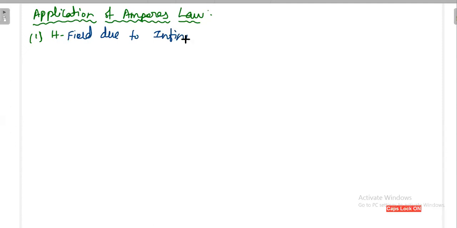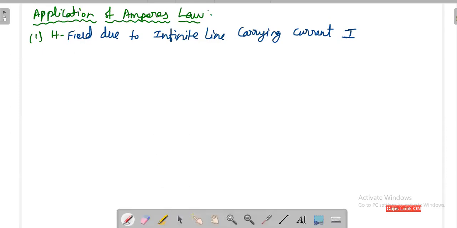Application of Ampere's law. There are many applications, but the first one is how to calculate the magnetic field, the H field, due to an infinite line carrying current I. Now I take my infinite line.